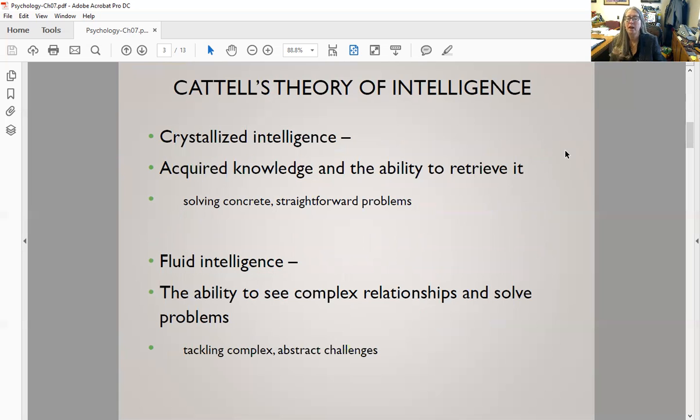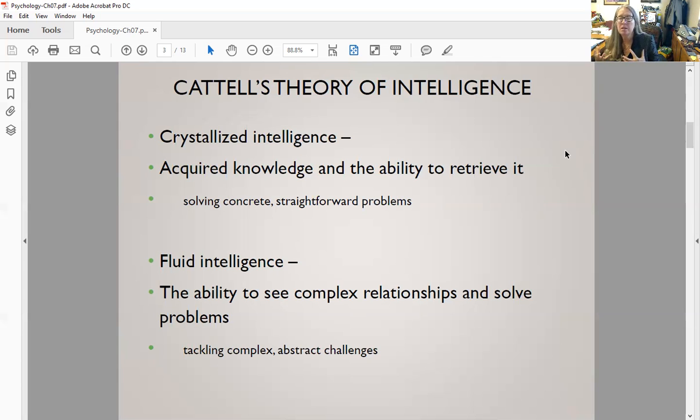So if you do well on the vocabulary part of the SAT, you're showing that you're good at crystallized intelligence. Fluid intelligence, however, is the ability to see complex relationships among and between things and to solve problems. Tackling more complex, abstract challenges is part of fluid intelligence.